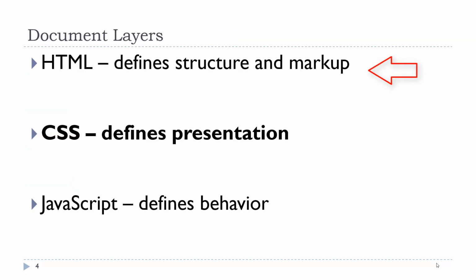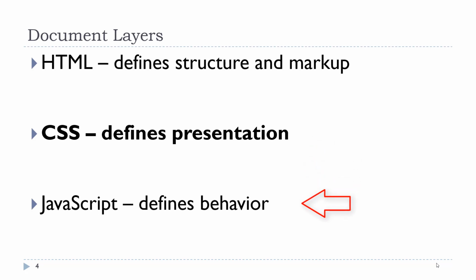An overview of the web page. The HTML language or HTML elements define the structure and mark up the content. So the content is placed inside the HTML elements. CSS defines the presentation, how everything looks.